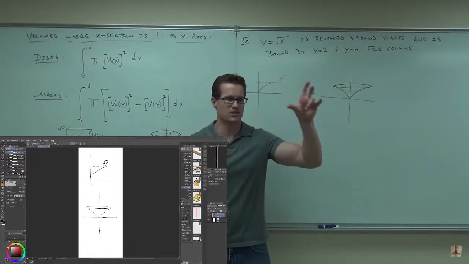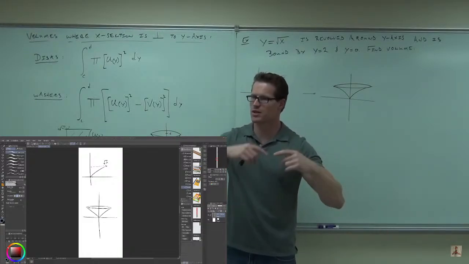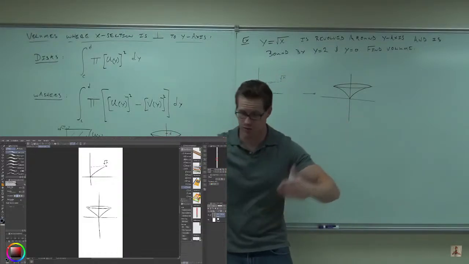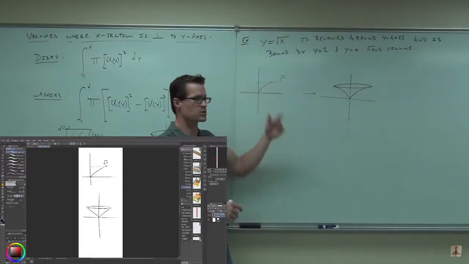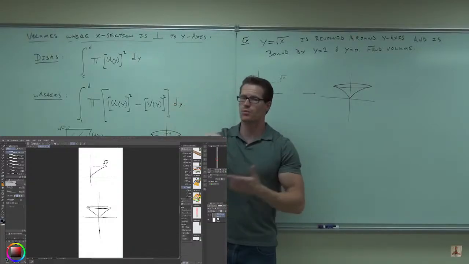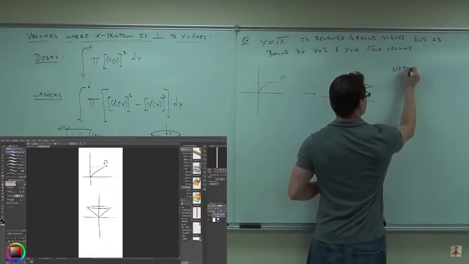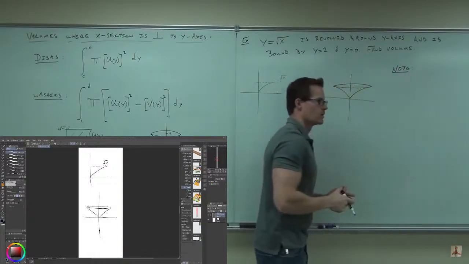You had all x's, didn't you? f of x, g of x, in terms of x. That's because we're going around the x-axis and our bounds are in terms of x. What are our bounds in terms of here? y, so you better have y's to work with then. So the note for you: when revolving around the x-axis, functions must be in terms of x. That means solved for y.